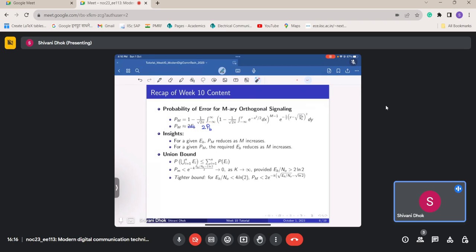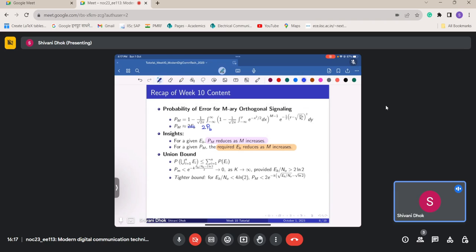However, when we looked at the insights for this particular constellation scheme, we found an opposite trend. That is, for a given EB, the probability of error reduced as M increased. Also, for a given probability of error, we required less energy as M increased.